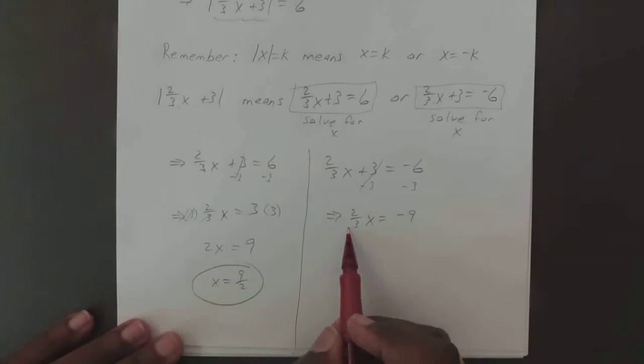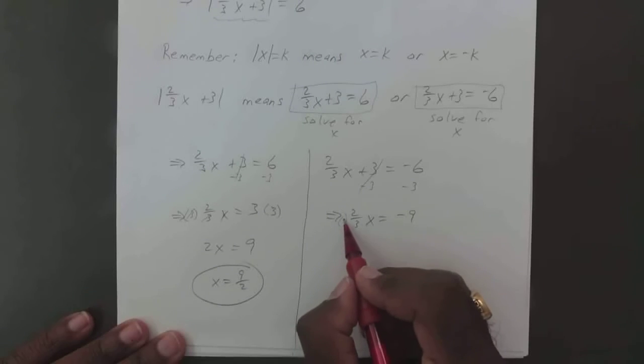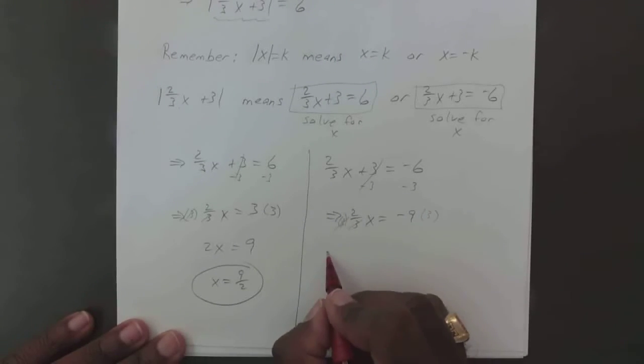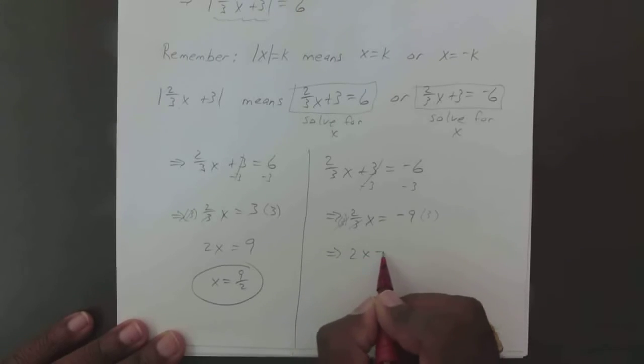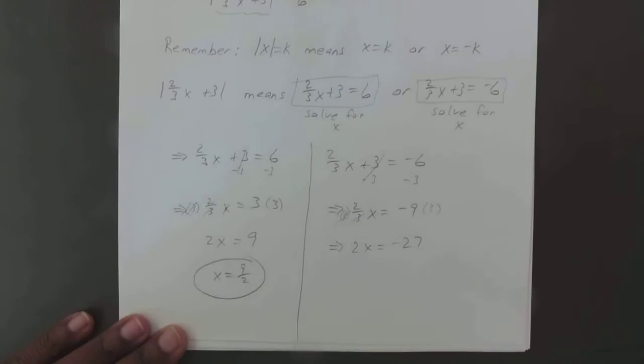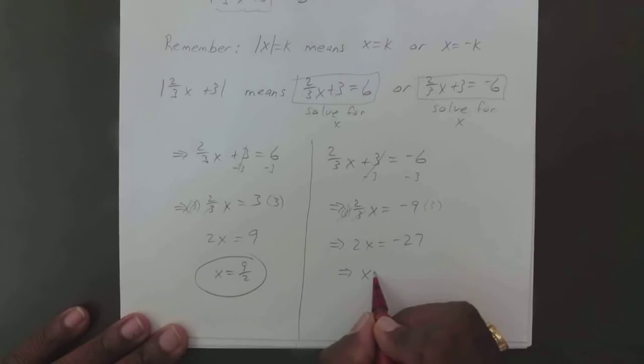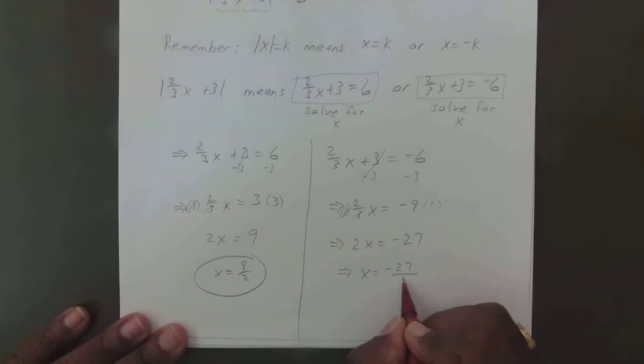Now we multiply both sides by 3. Those two cancel out. You have 2x equals negative 27. Divide both sides by 2. x equals negative 27 over 2.